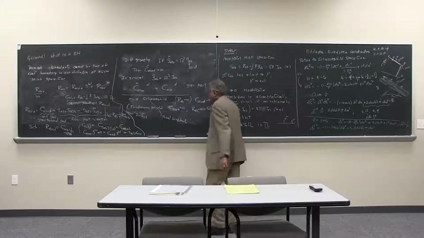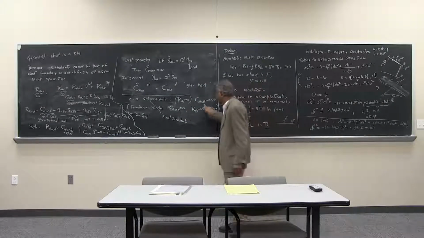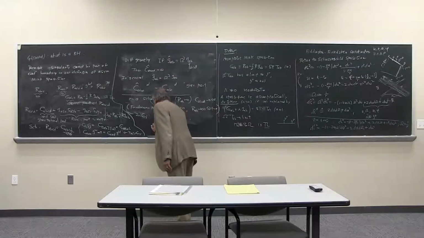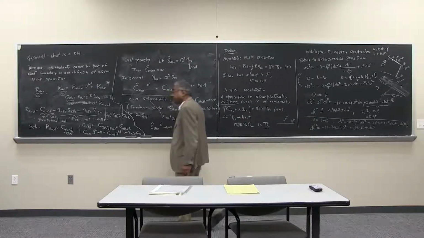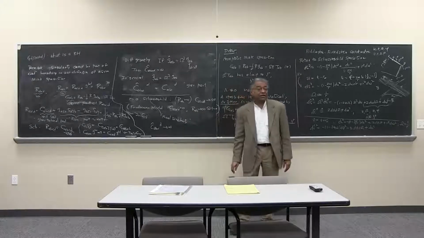Let's come back to Schwarzschild, where the Weyl tensor actually blows up. That means that the Weyl tensor of g hat AB also blows up. Because this Weyl tensor is conformally invariant, it actually blows up here.